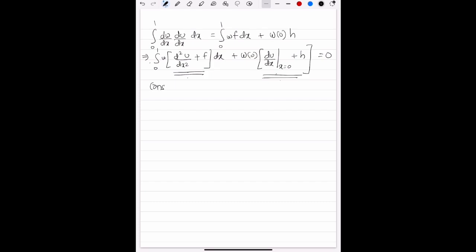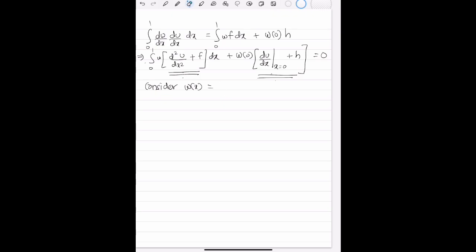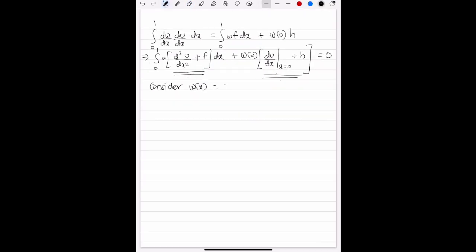So we consider a special case where w of x is given by some function phi of x multiplied by d2u by dx square plus f of x, where phi of x is some function which satisfies phi of x is greater than 0 for x belonging to the domain, that is from 0 to 1, and phi of x is equal to 0 at the boundaries.